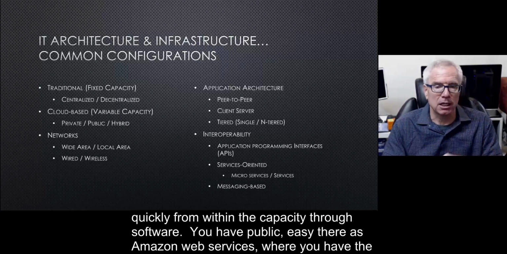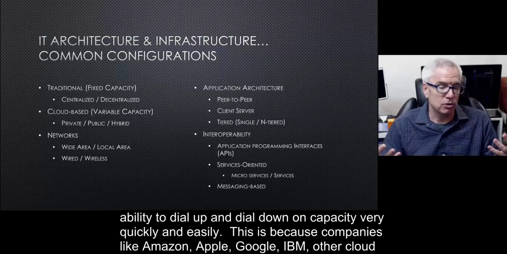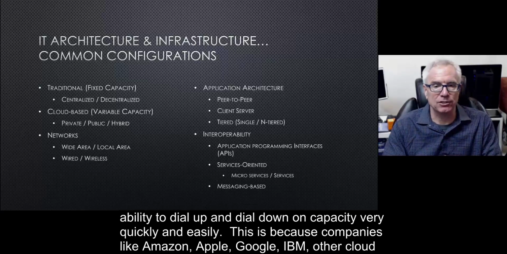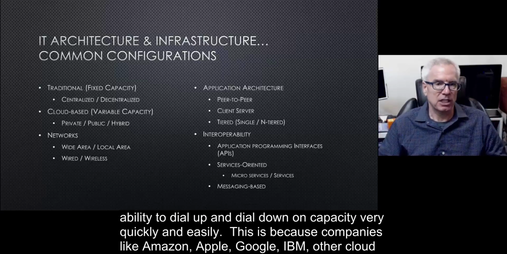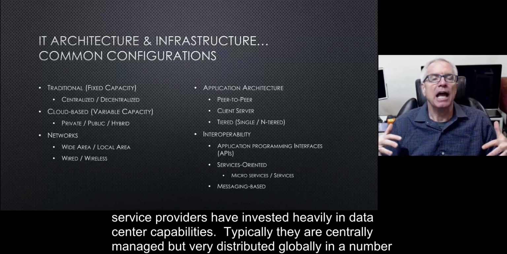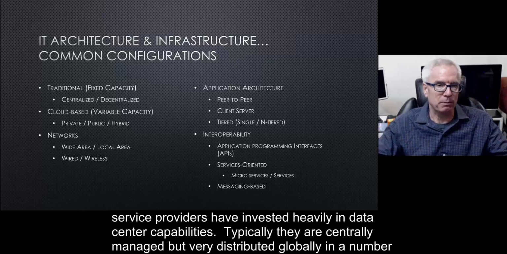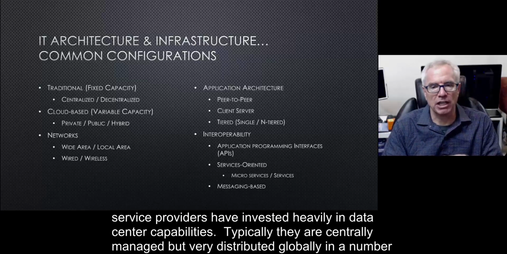You have public, easy, there is Amazon Web Services, where you have the ability to dial up and dial down on capacity very quickly and easily. This is because companies like Amazon, Apple, Google, IBM, other cloud service providers have invested heavily in data center capabilities. Typically, they are centrally managed, but very distributed globally in a number of cases.